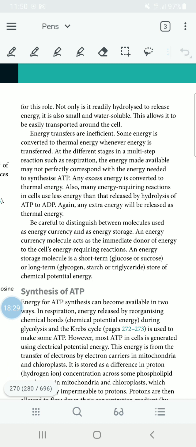However, glucose, sucrose, within brackets write short-term, close brackets, and glycogen, starch, triglycerides, within brackets, long-term, are energy storing molecules.